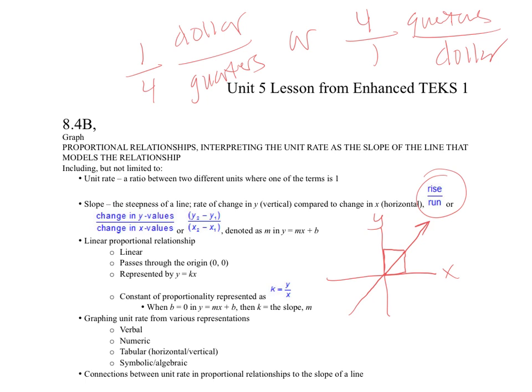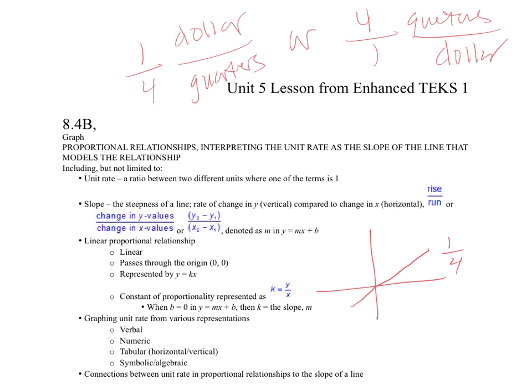Well, before we get any further, let's talk about steepness. So if I had a slope of 1/4, that slope has a rise over run of 1/4. If you notice, this slope is closer to the x-axis than it is to the y-axis. So the steepness is not that great.